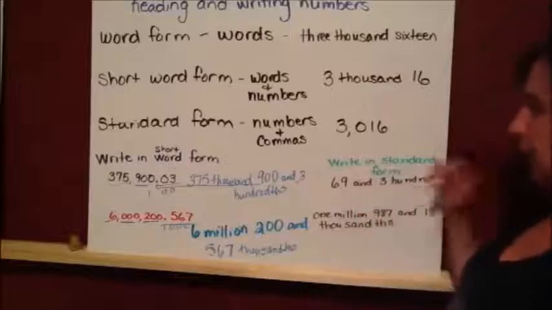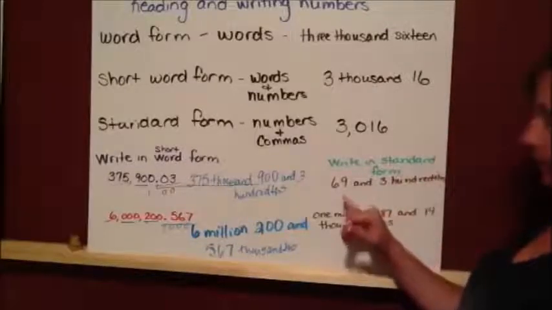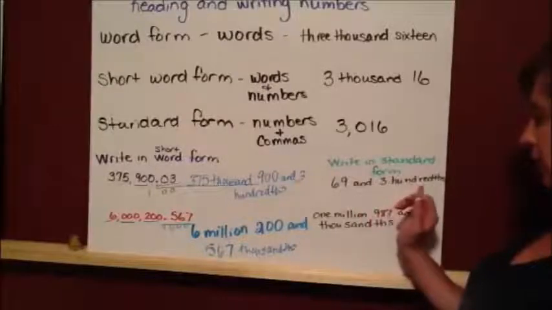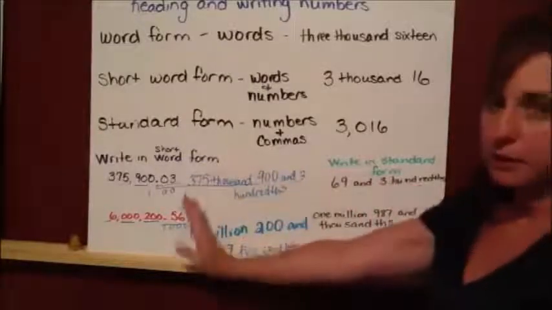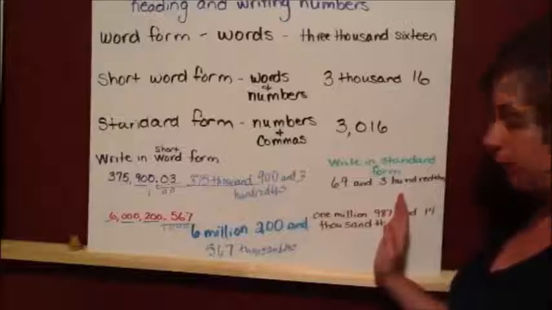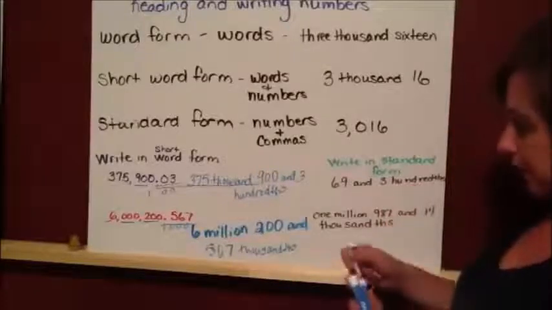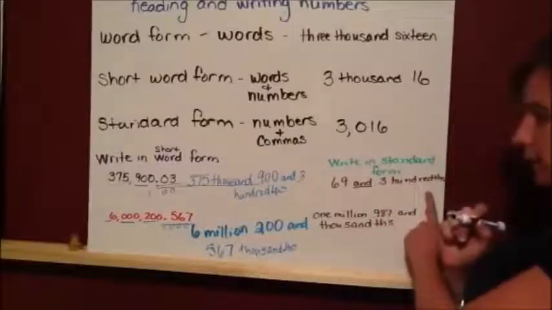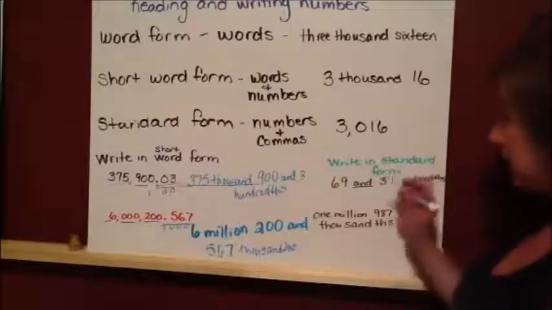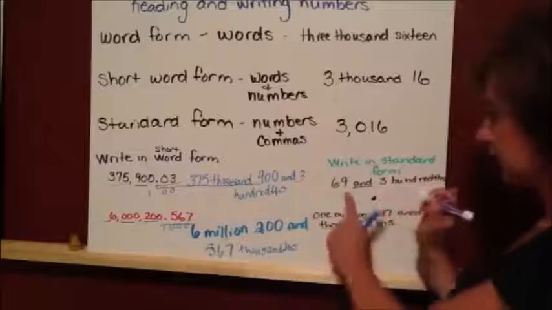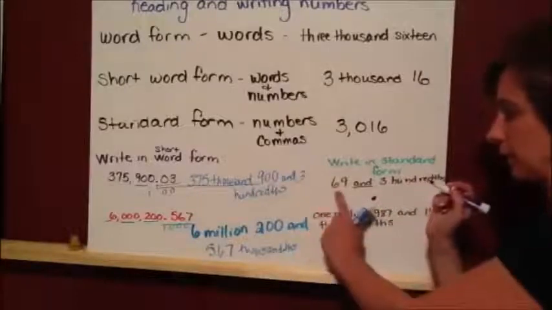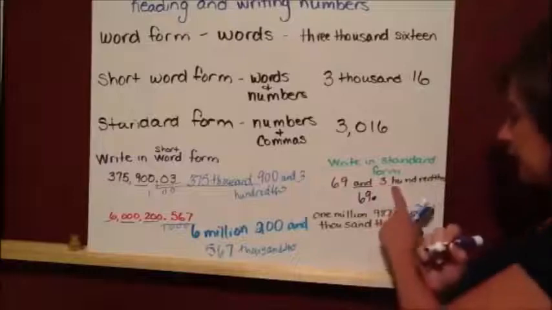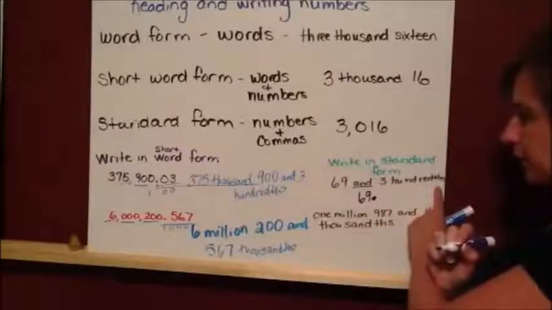Okay, let's take a look at writing in standard form. 69 and 3/100ths. The strategies I used on this side can also help me on this side. The fact that I see the word and means that everything back here is going to go behind the decimal, and everything here is going to go in front of it. 69, easy enough. 3/100ths.